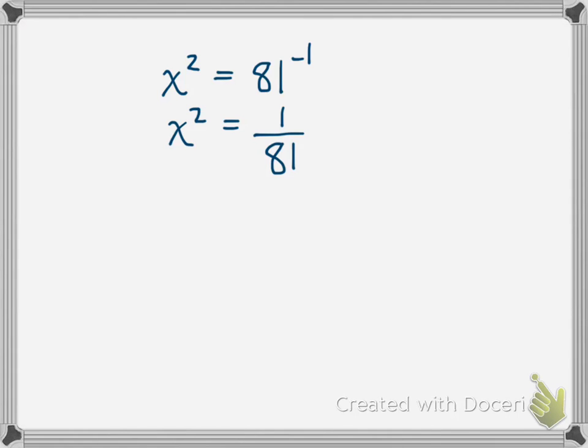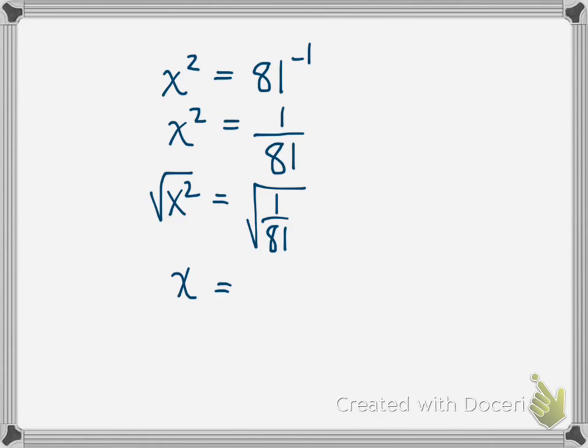So now I want to take the square root. The square root of x squared is equal to the square root of 1 over 81. Okay, and the square root of x squared is, once again, x. And now I have to figure out the square root of 1 over 81.